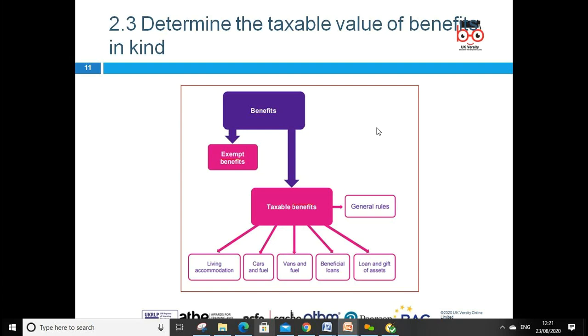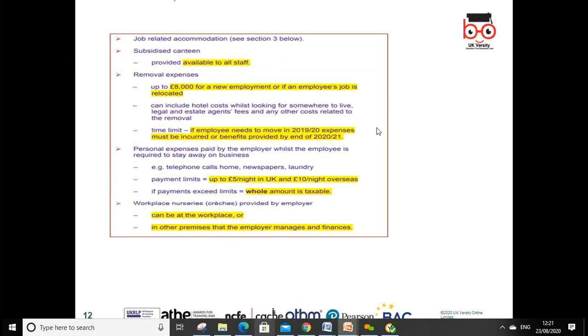Living accommodation, car and fuel provided by your employer, vans, beneficial loans used for personal purposes, and gifts are all taxable.